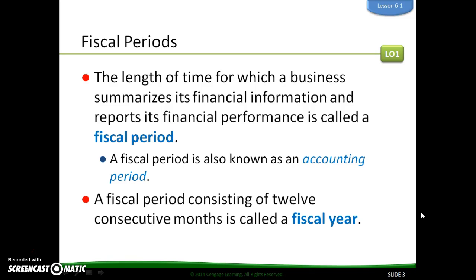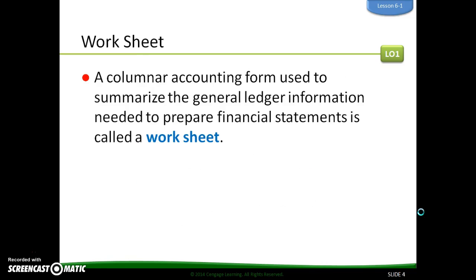In some cases, depending on the nature of the business, their fiscal year might start in March. Sometimes fiscal years start in July. It just depends on the nature of the business. So a fiscal year can be any consecutive 12-month period. It does not have to be the same as a calendar year.